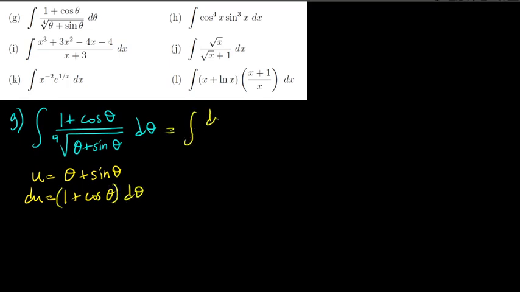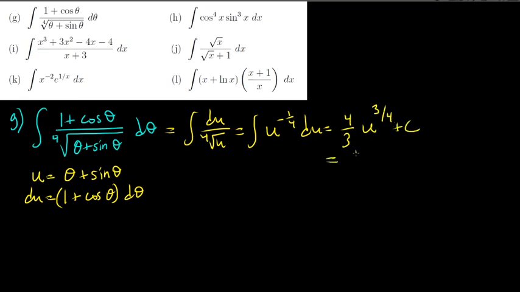So this is just going to be du over the fourth root of u, or if you prefer, u to the negative 1/4 du. And when you integrate that, negative 1/4 plus 1 is 3 over 4. So 4 over 3, u to the 3/4 plus c, and just replace u with theta plus sine theta.